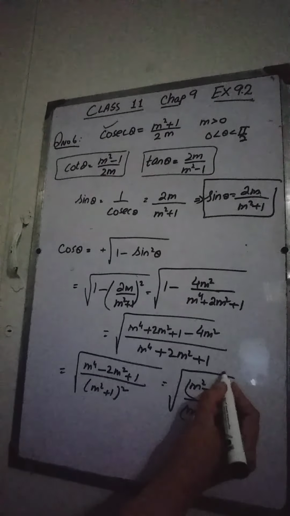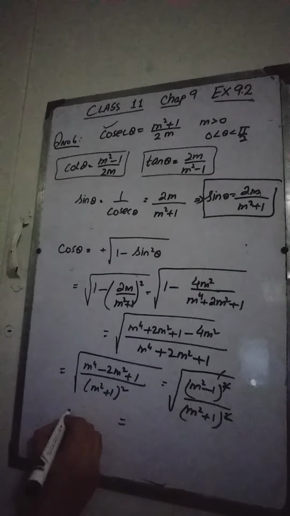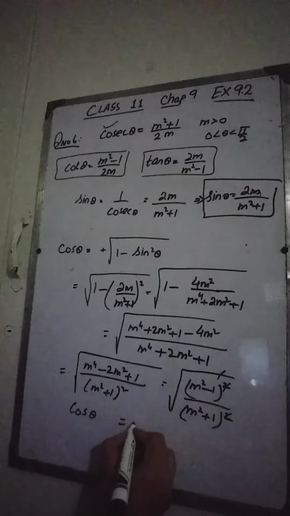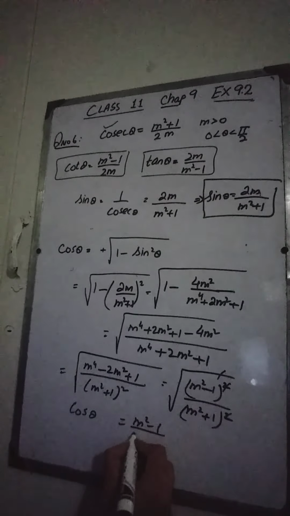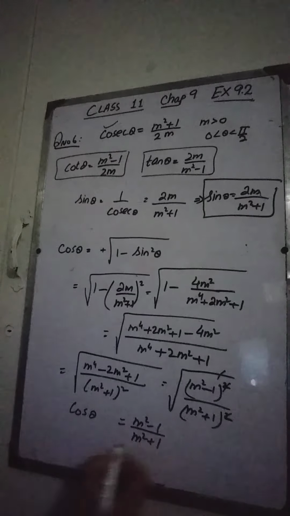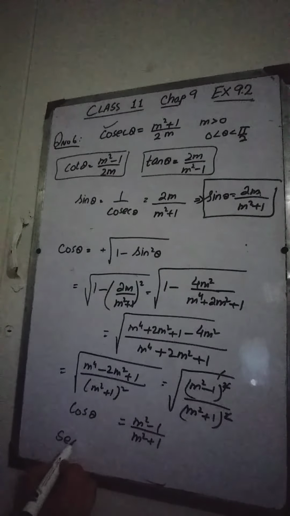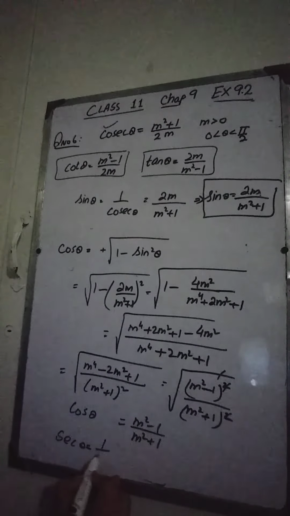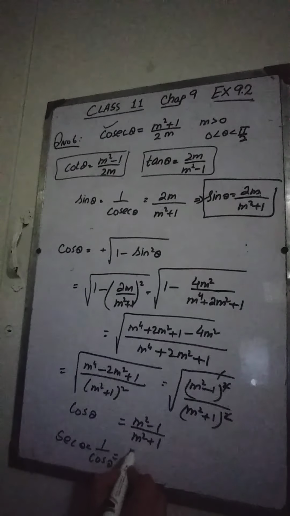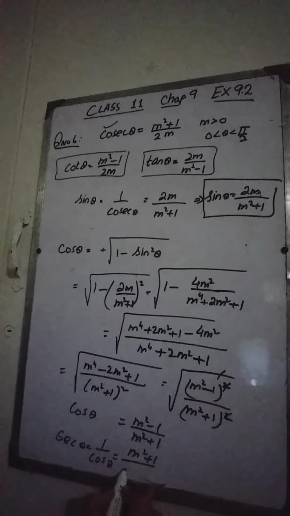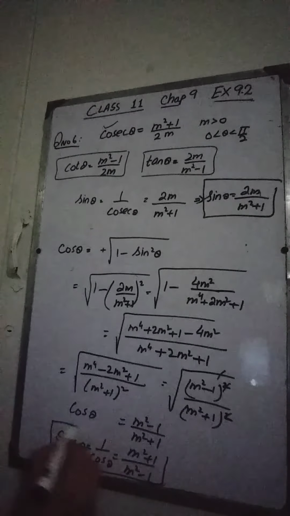The squares will be cut off with this radical sign, and cos theta will be equal to m square minus 1 over m square plus 1. It means that secant theta will be equal to the reciprocal of this, which is m square plus 1 over m square minus 1, and this completes the question.